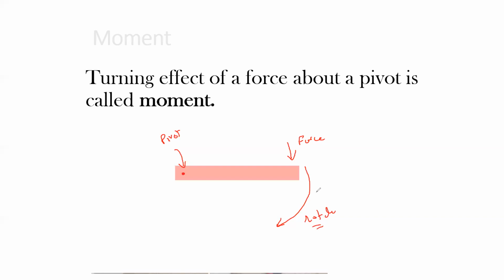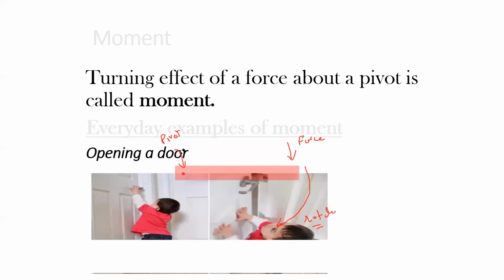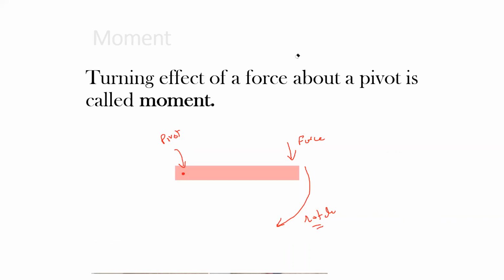So when it is rotating, it can rotate clockwise, the same as the direction in which the hands of a clock are rotating, or it can rotate anti-clockwise. Which direction is this object rotating, clockwise or anti-clockwise? When I apply the force, the object rotates about the fixed point, the pivot.